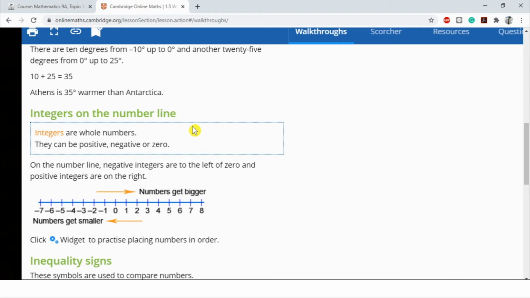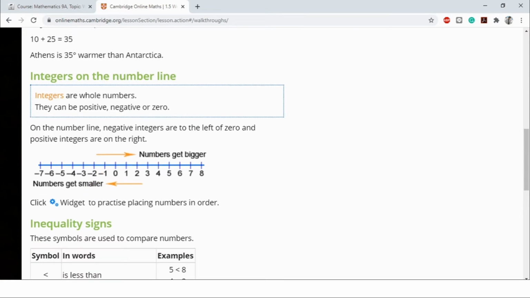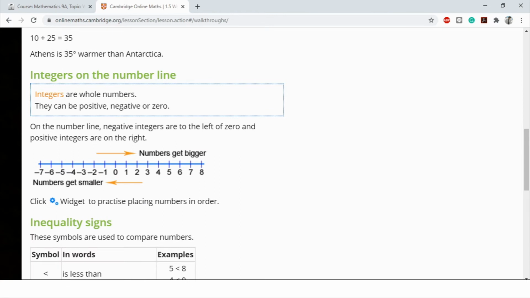So it is more specific than directed numbers, and we now call them integers. On the number line, negative integers are to the left of 0, as you can see here, and positive integers are on the right.